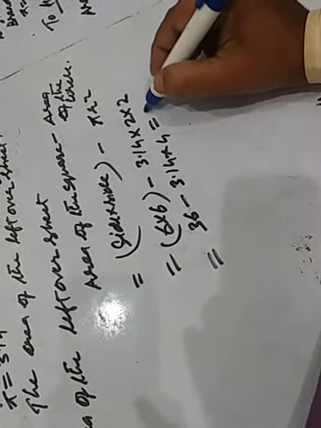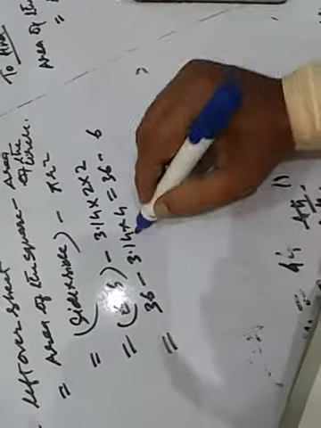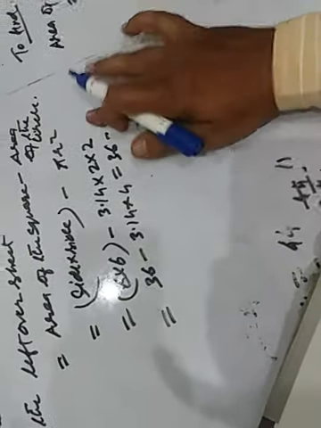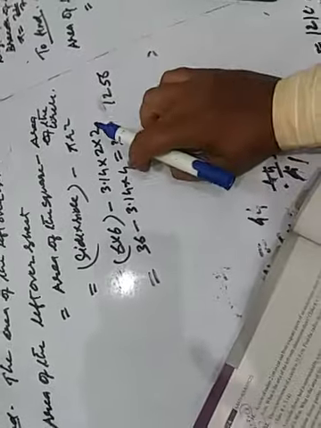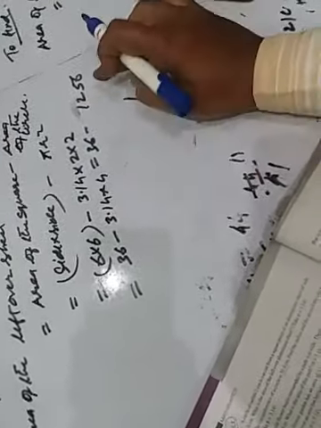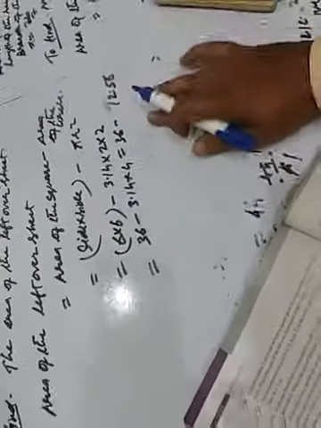Let us multiply it: 4 4s are 16, 1 carry over, 4 1s are 4 and 1 is 5, then 4 3s are 12. Number of decimal places 2, that is 12.56. So 36 minus 12.56.